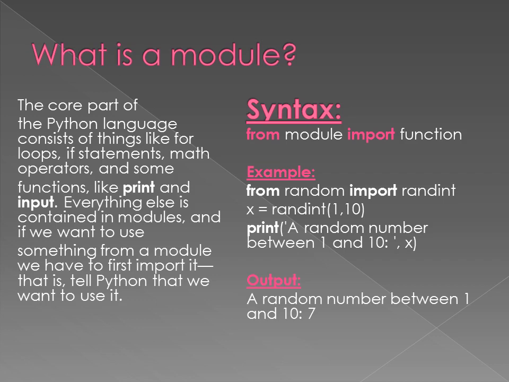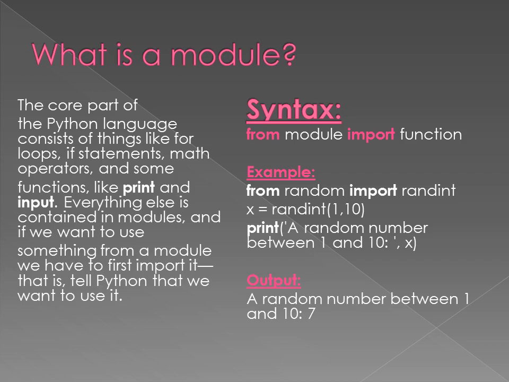The syntax to import any function is: we use the keyword from, then the name of the module, then the keyword import, and then the name of the function which we want to use. For example, we want to use a function to generate random integers, and to generate random integers we have to import this function from the module random.